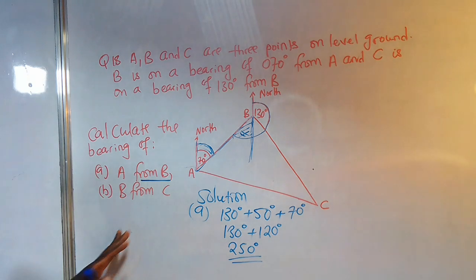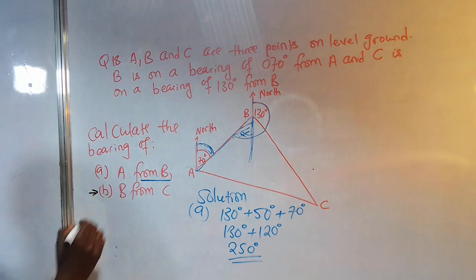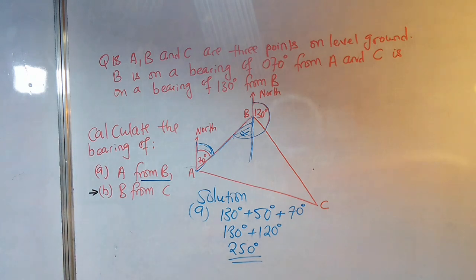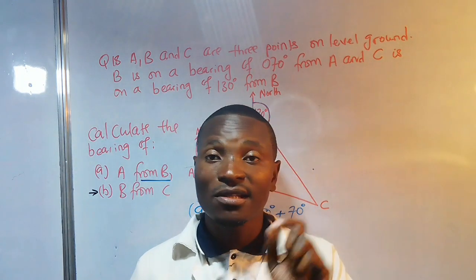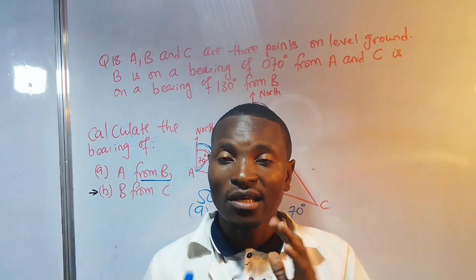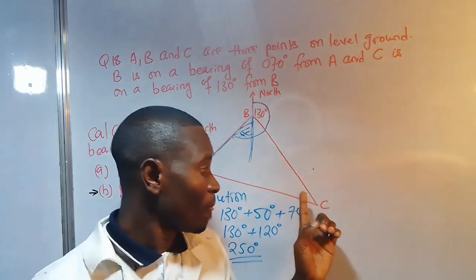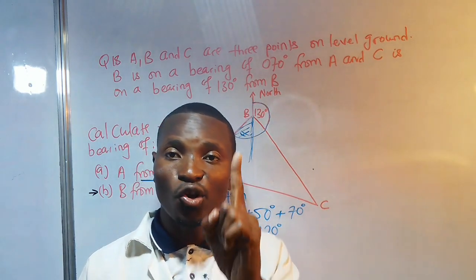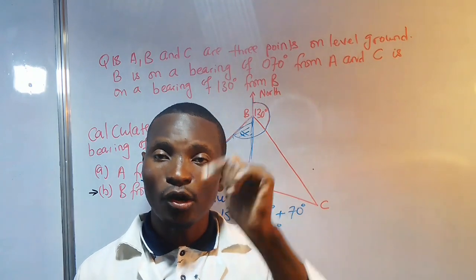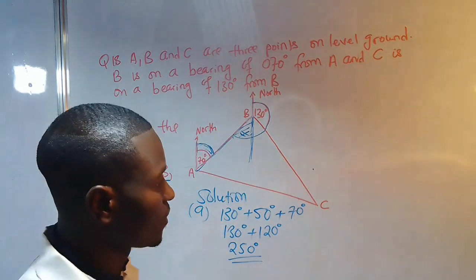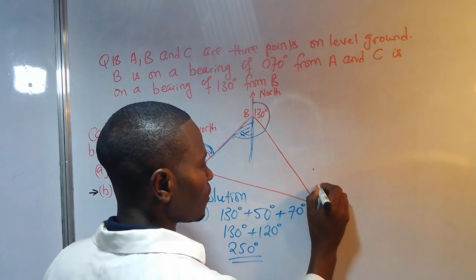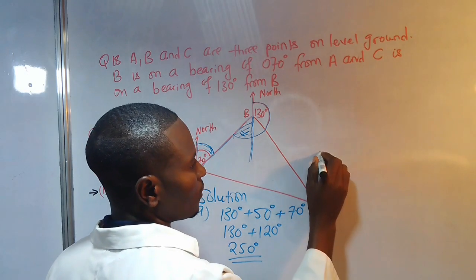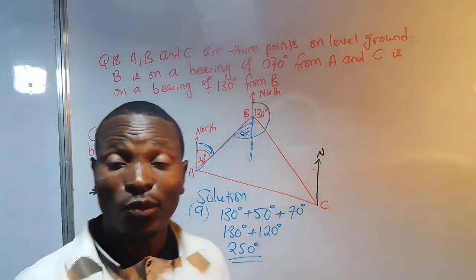Now the second one is this B. Calculate the bearing of B from C. This time around, the keyword "from" is coming from C. So we identify where C is, and then draw the north on top of that C, and that is our north.